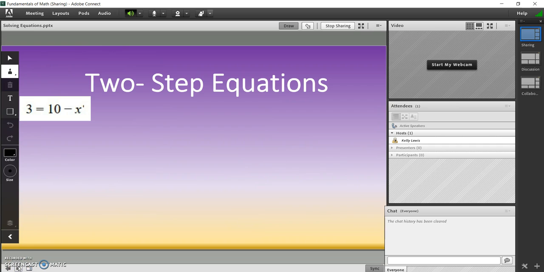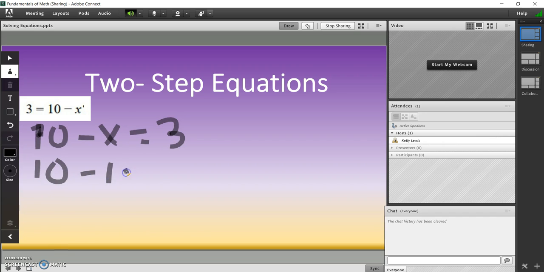All right, this one's a little tricky, but we can still do it. First we should rewrite it: 10 minus x equals 3. This is the same as 10 minus 1 times x equals 3. Anytime you see a negative in front of the x, it's the same as times a negative 1.